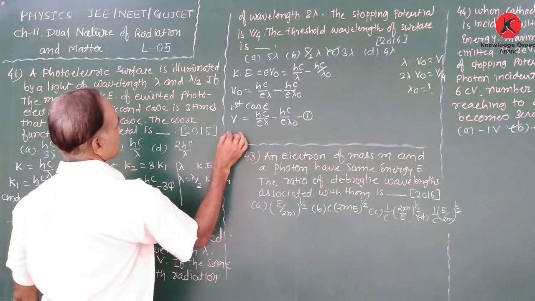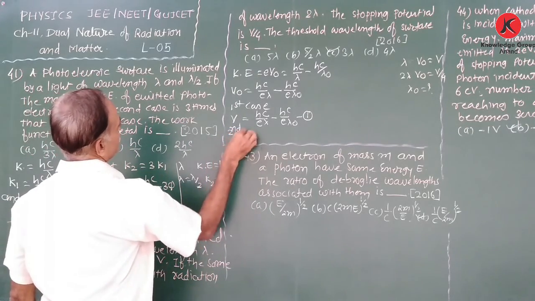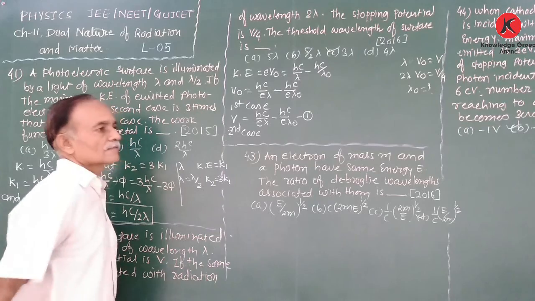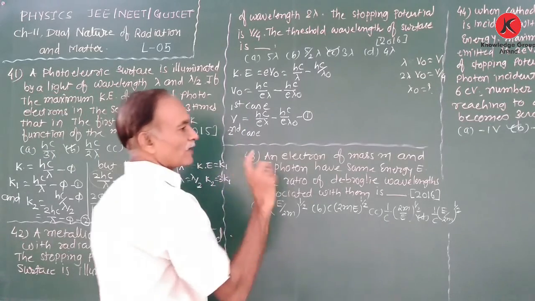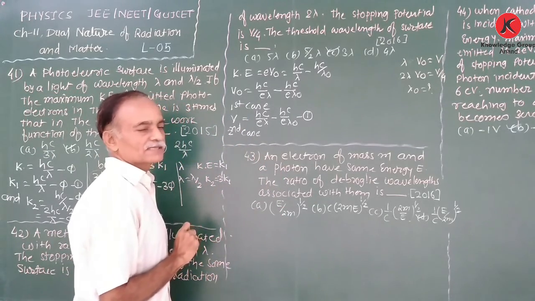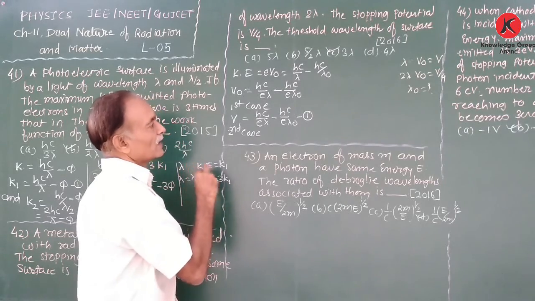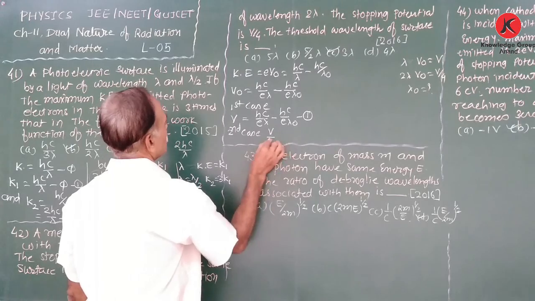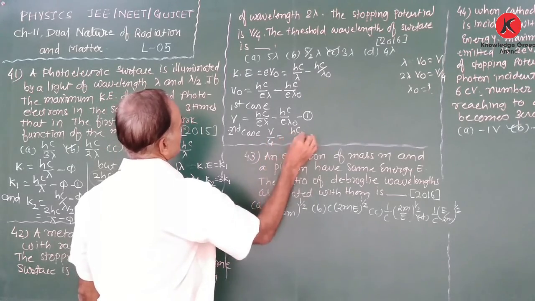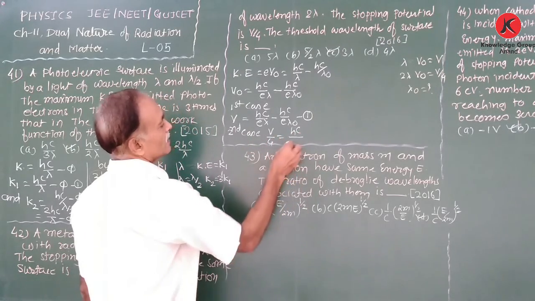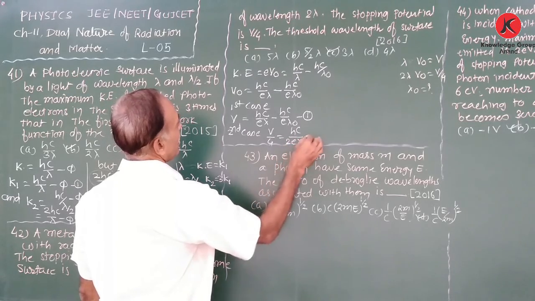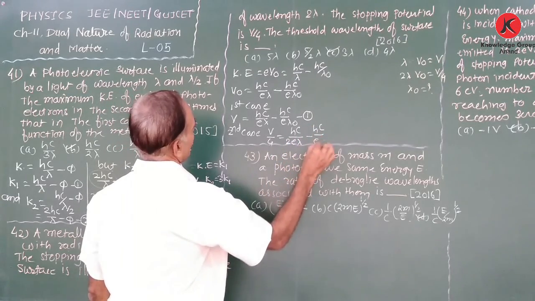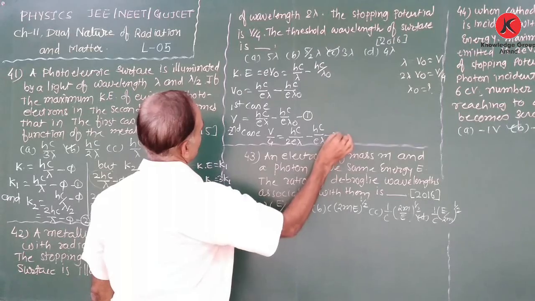In the second case, the stopping potential becomes V by 4. That means V by 4 is equal to hc upon 2e lambda minus hc upon e lambda0. That is equation 2.